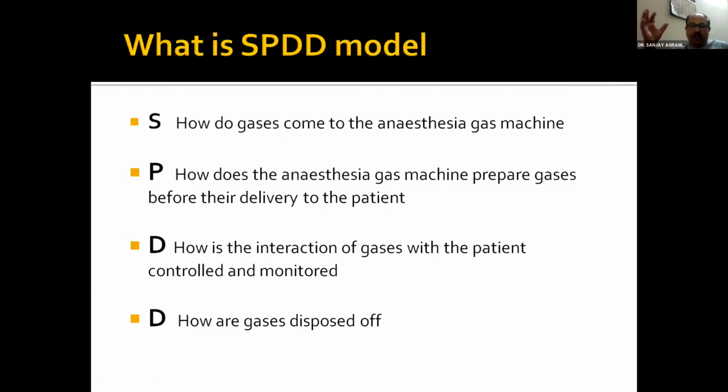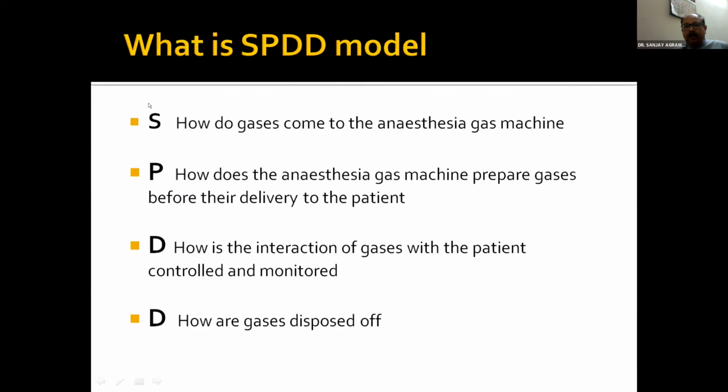Now when we are talking about the anesthesia workstation, my lecture will be a mixture of what is there for the traditional machines as well as the anesthesia workstations, some common points. When we are talking about the anesthesia workstations, a new thing which came up was the SPDD model. What do we mean by the SPDD model?